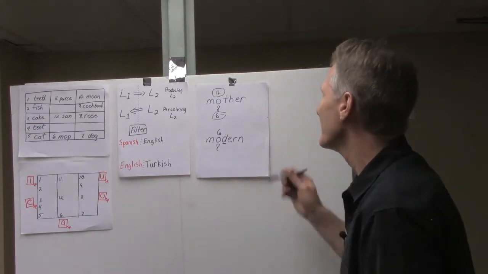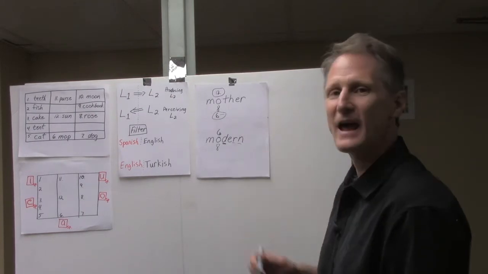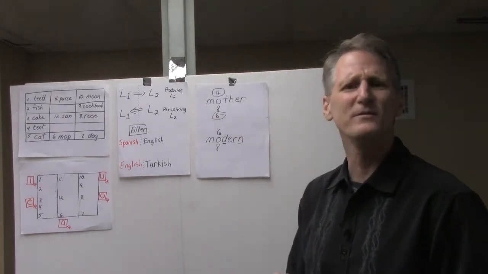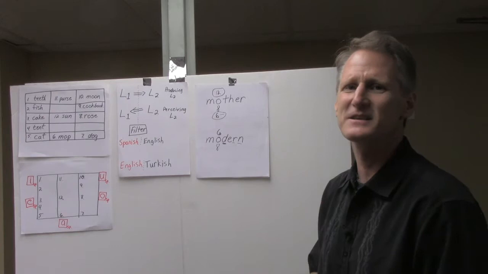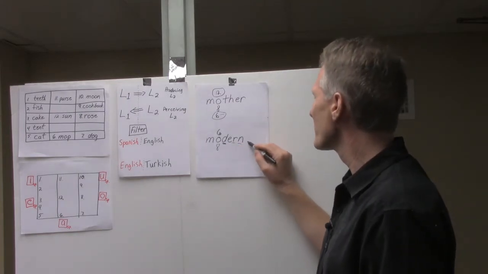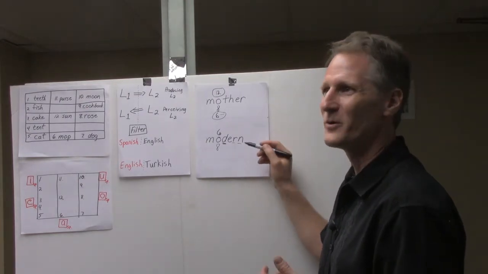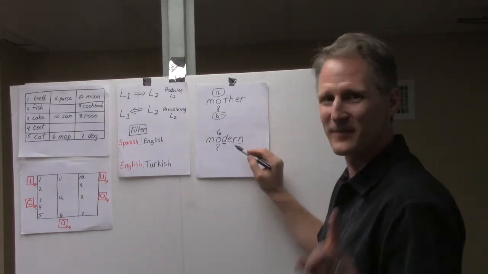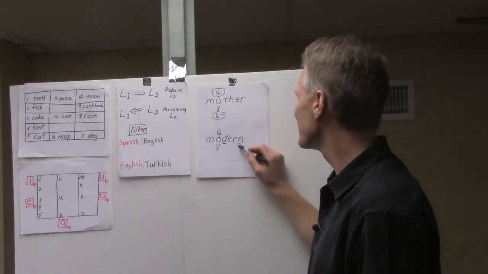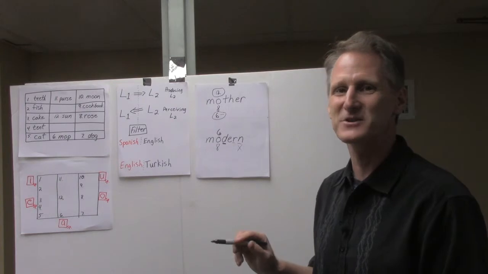In Spanish, this combination of an R with an N at the end of a word doesn't exist. In Spanish, there would be another vowel here for the N to go with. So this N often gets no voicing from a Spanish speaker.